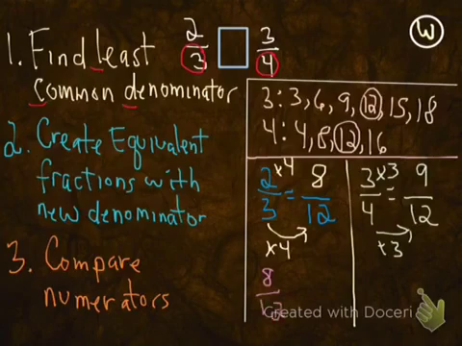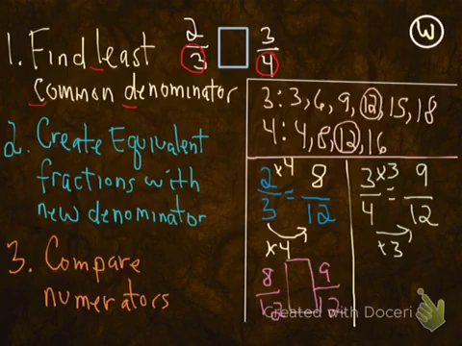And looking at our original 3/4 that we started with, we changed that to an equivalent fraction of 9/12. If you want to put a box in the middle to symbolize a missing greater than, less than, or equal to sign, we could rewrite it like that.